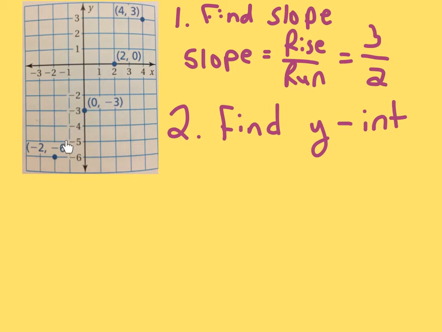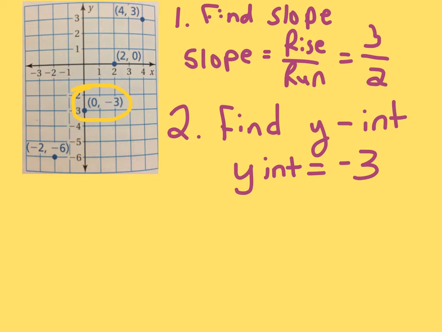So where does this line cross the y-axis? Right here. That point is at -3. So our y-intercept is equal to negative 3.